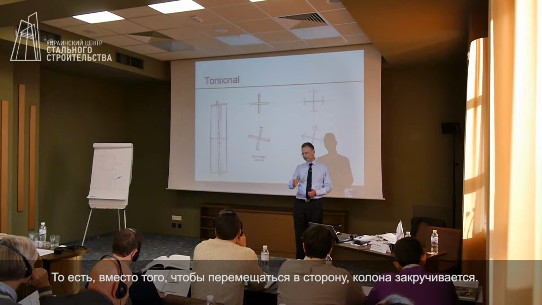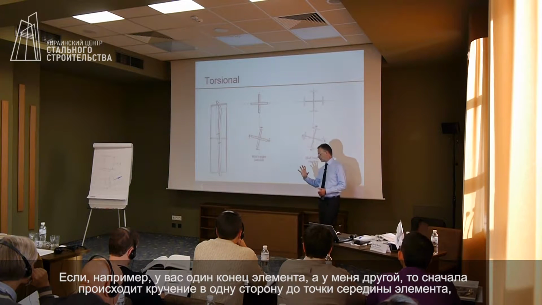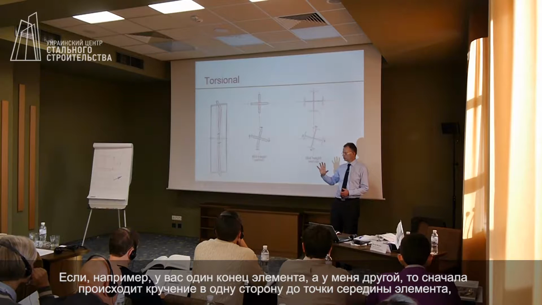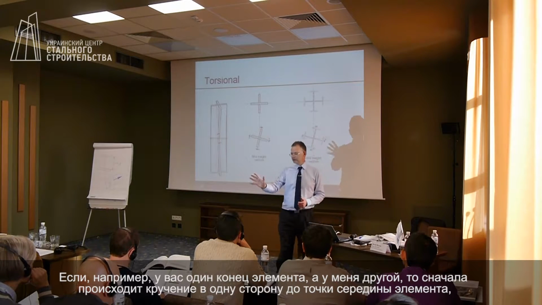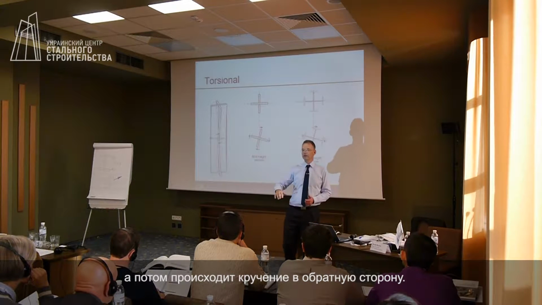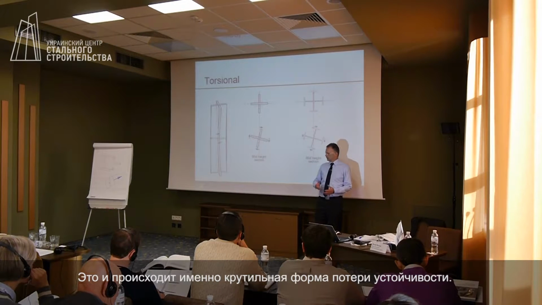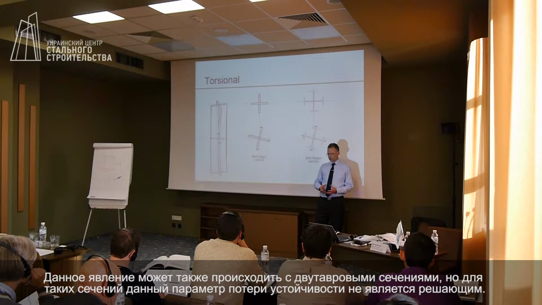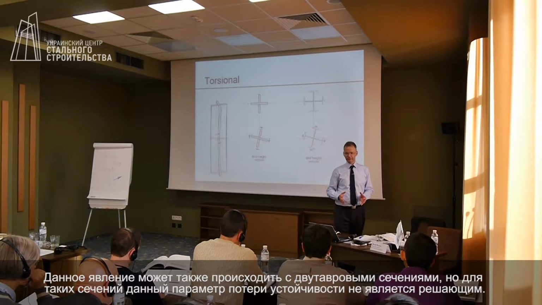So instead of a lateral movement, it's a twist. So if I have one end of the member and you have the other end of the member, it twists to the midpoint and then twists back the other way. That would be torsional buckling. It's a phenomenon which occurs with I sections as well, but for I sections you will find that it is not critical.